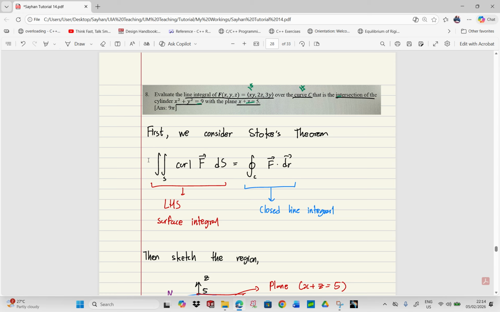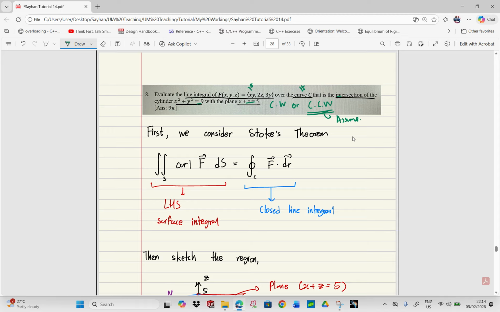They didn't mention whether the curve is moving clockwise or counterclockwise. If they don't mention it, it's best to always assume counterclockwise.